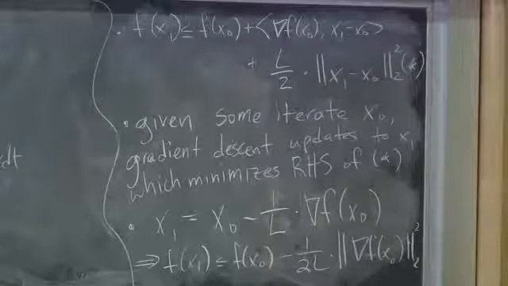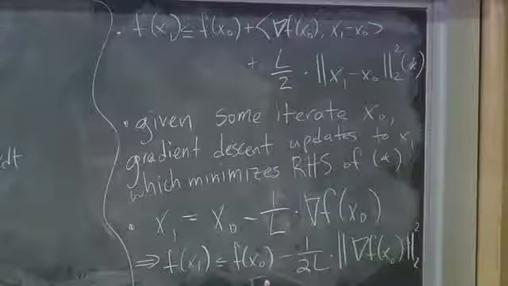So we have some kind of explicit bound on progress, right? Remember, we're trying to minimize f. So before we were getting a value of f of x0, now we're getting f of x0 minus something, right?